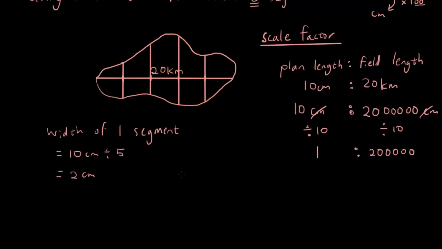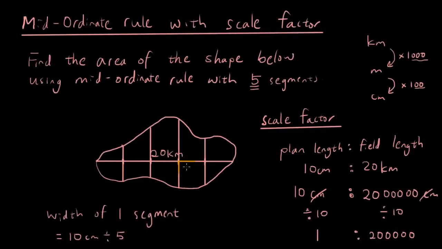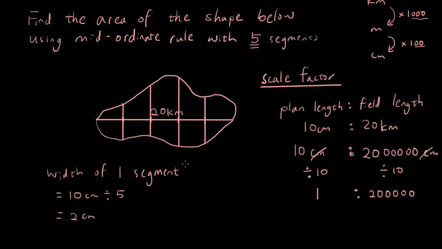Okay, but what does the mid-ordinate rule want? The mid-ordinate rule wants you to draw some mid-ordinate lines in the middle of each segment. So in the middle of each segment, which is about here and here and here, we're going to draw the mid-ordinate lines.